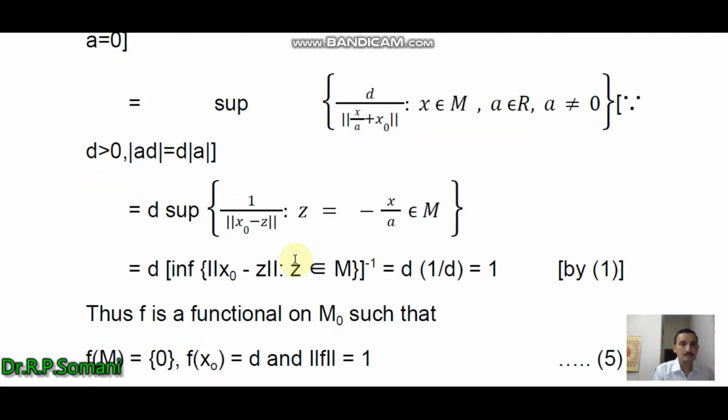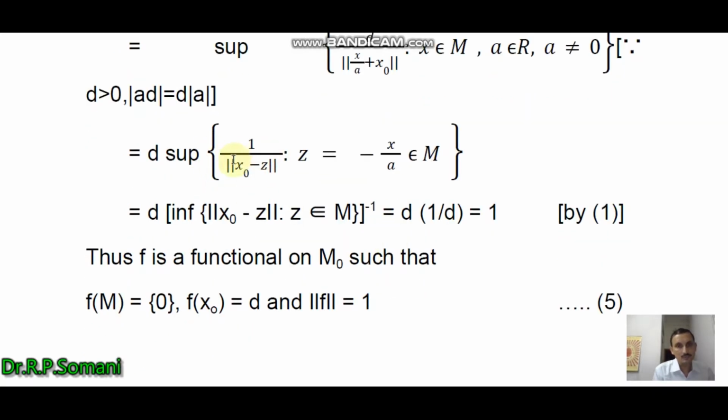So this becomes d into the supremum of 1 upon norm x0 minus z, such that z equal to minus x by a belongs to M. So we reverse this inside quantity, then the supremum will become infimum.